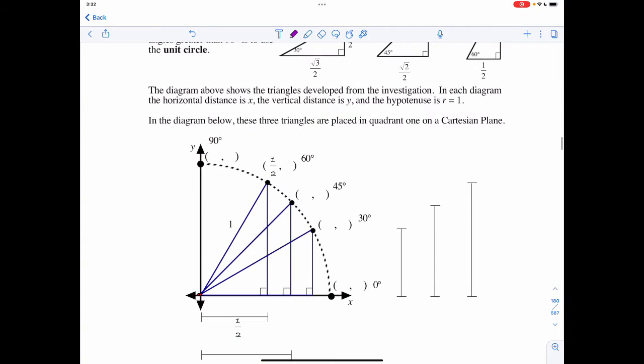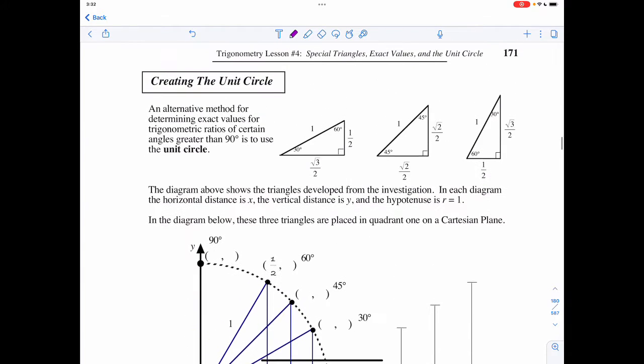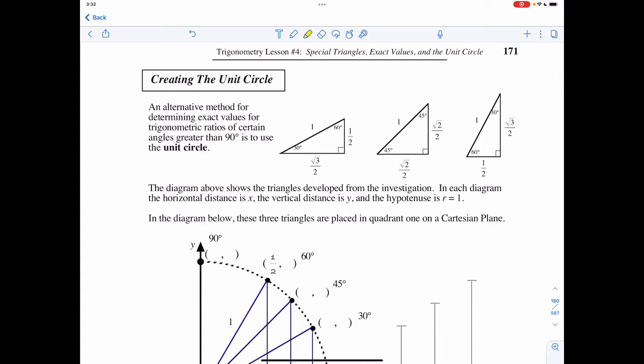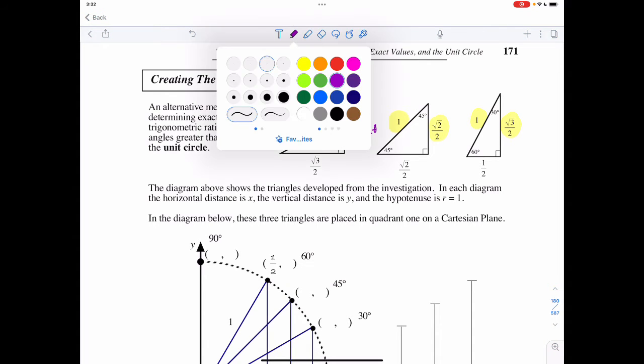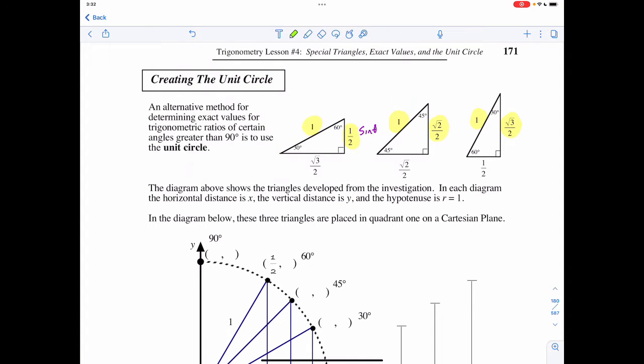So we know that as long as the R value is 1, and I'm dividing by 1, or a hypotenuse of 1, then my opposite, or my Y value, is always going to be my sine. And my adjacent is always going to be cos.